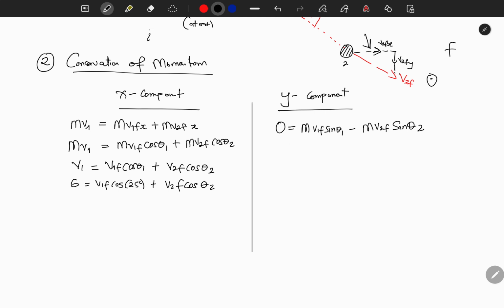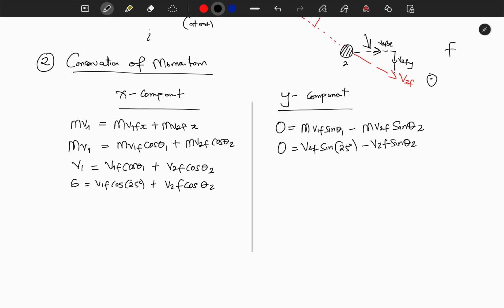If we divide the mass throughout, this will give us v1f sine 25 minus v2f sine theta 2. I think we can just end there for now.